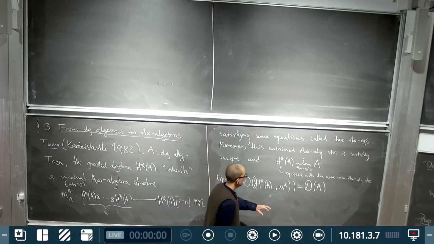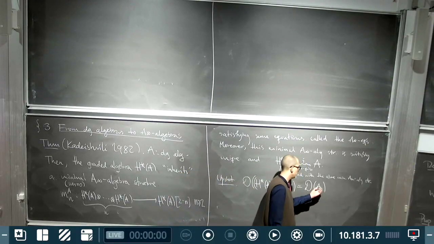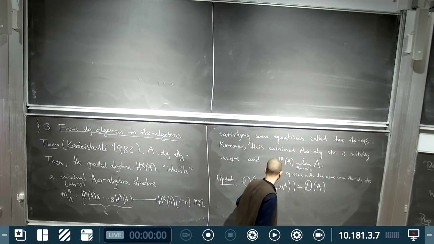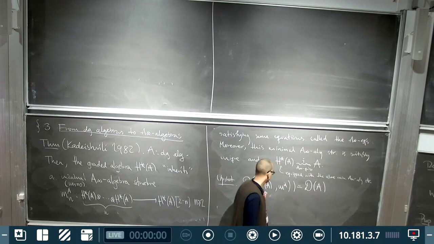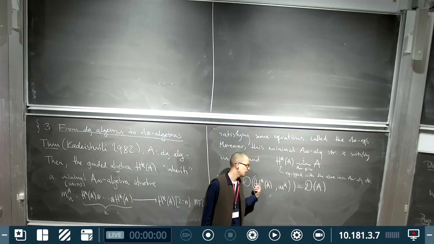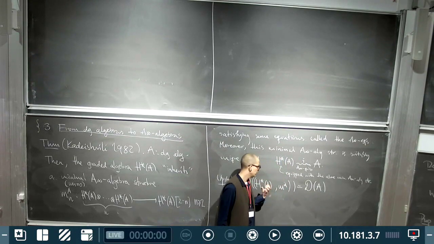So in particular, that means if A is this cluster tilting in the perfect derived category here, then the same is true for its cohomology H*(A) as an A-infinity module over itself.